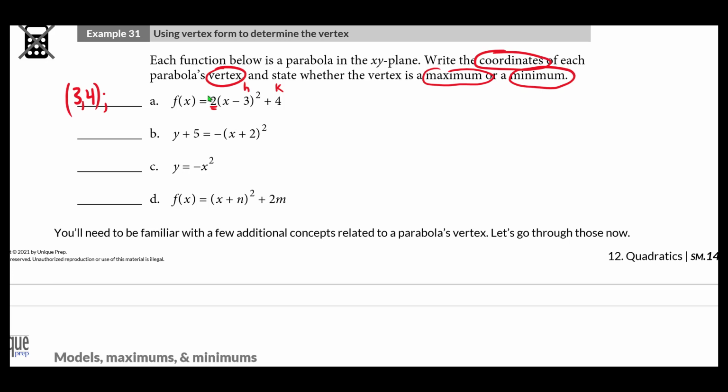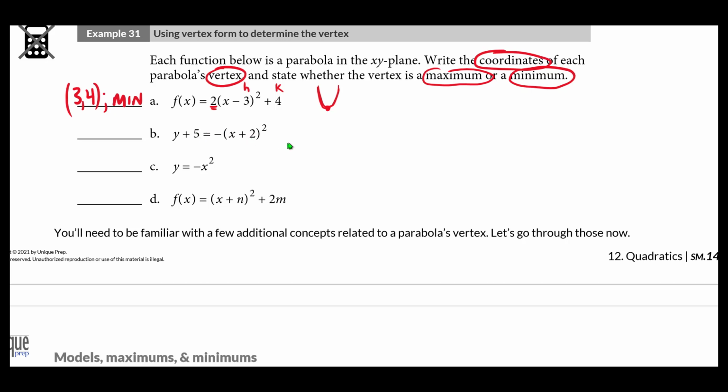Here the a value is positive 2, and when an a value is positive, it means the parabola is oriented in the opening upward orientation, and therefore this vertex will be a, not a maximum, a minimum. This vertex will be a minimum. In example 31b, by the way, if you want to run through the rest of these on your own and then come back and join us, that might not be a bad idea.